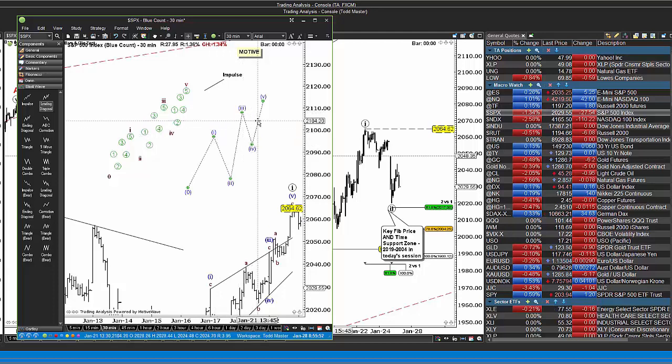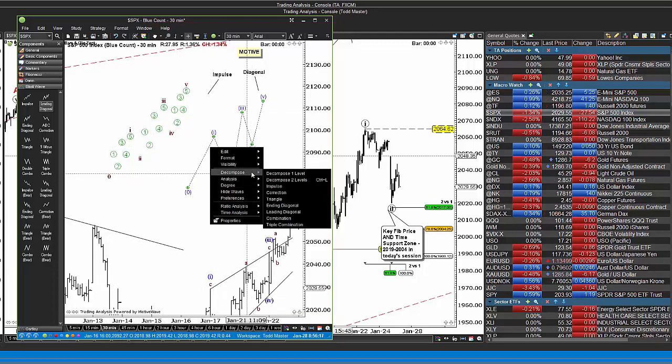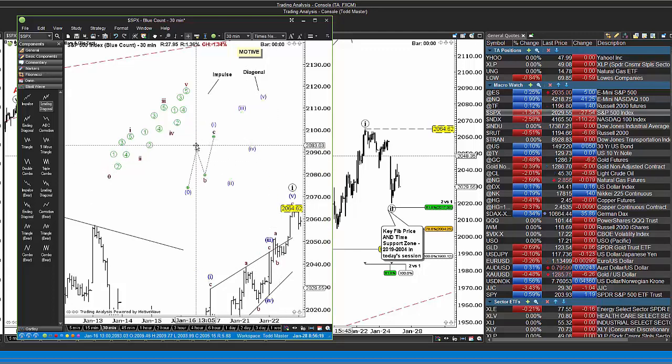In a diagonal, you're going to notice some key differences, and that's what this S&P is. The difference here is instead of each of your trend waves being a 5-wave move, you're going to see that each of them is a 3-wave move, ABC.